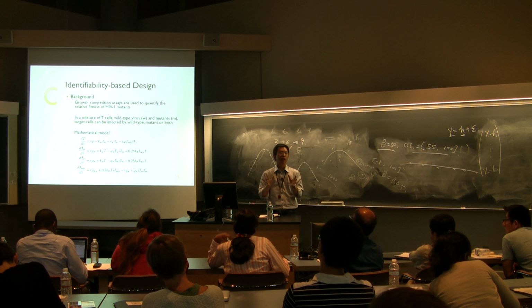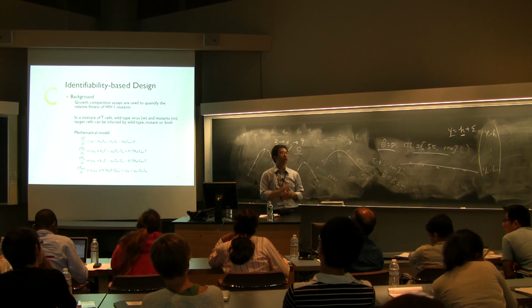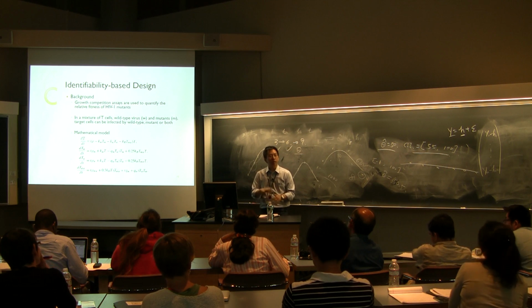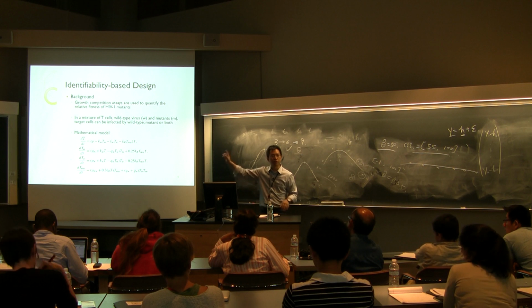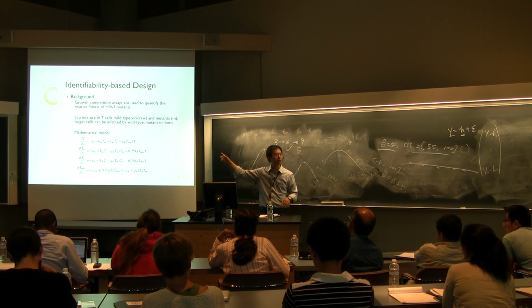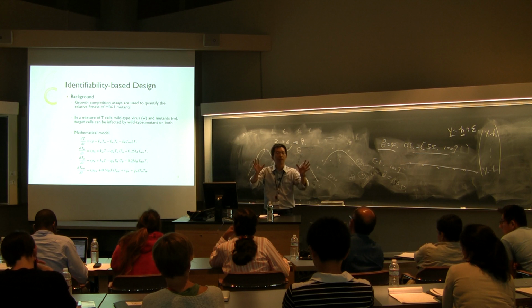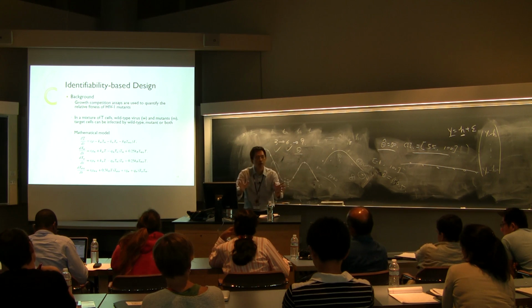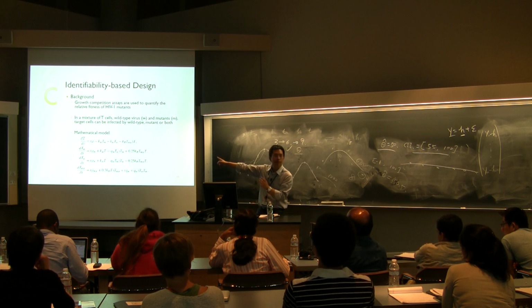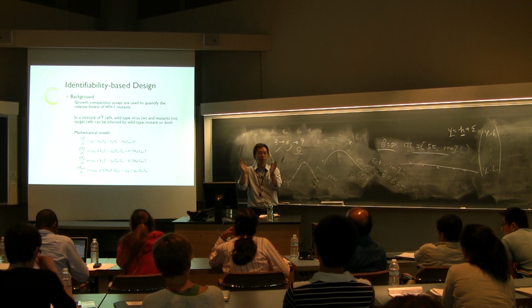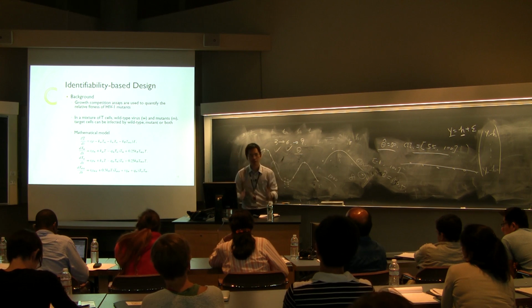However, a byproduct of that kind of analysis is that we can also determine the minimum number of observations needed to determine the parameters. If all the parameters are identifiable, then a byproduct is that we can tell what's the minimum number of time points we need.